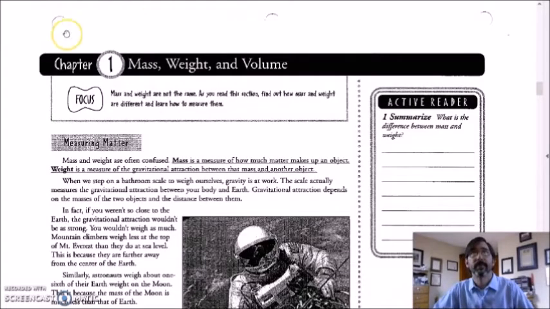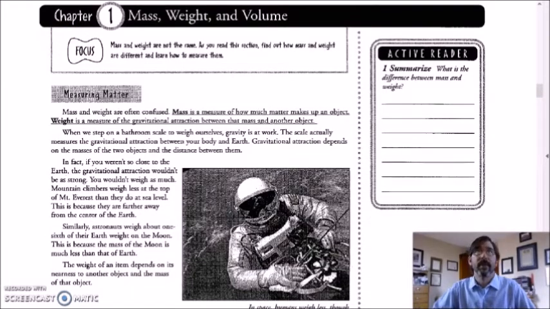As we continue, you should realize that mass and weight are not the same. As we continue through this section, you will find out how mass and weight are different and learn how to measure both. At the end, you should be able to summarize: what is the difference between mass and weight?